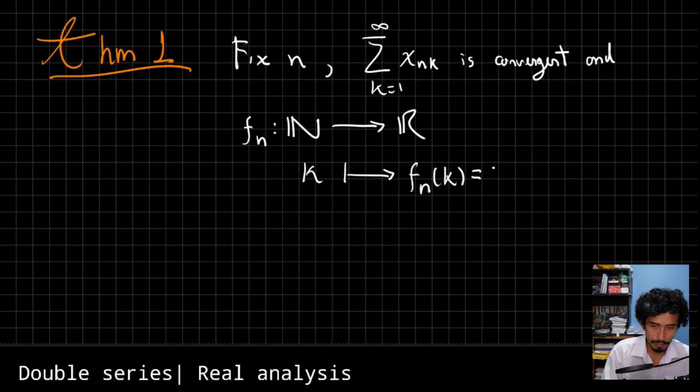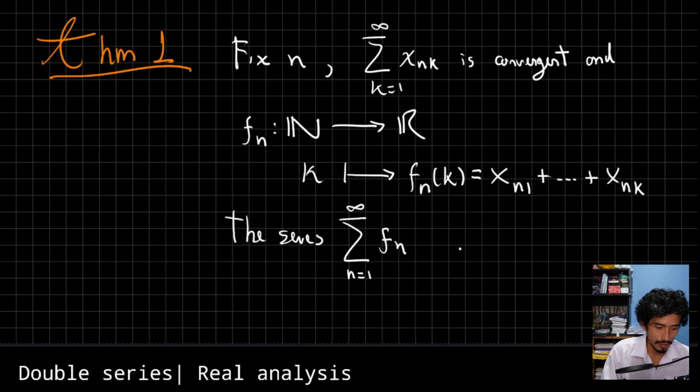This is pretty much a finite summation until the kth term. So we have that function, and we say that the series converges uniformly on n.